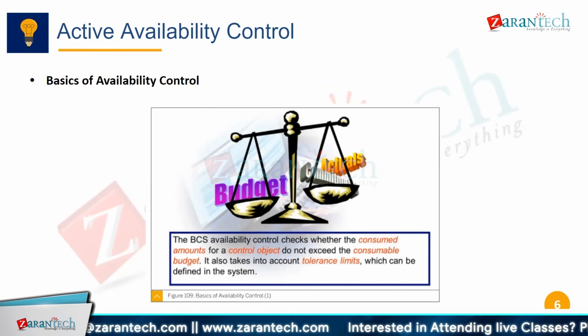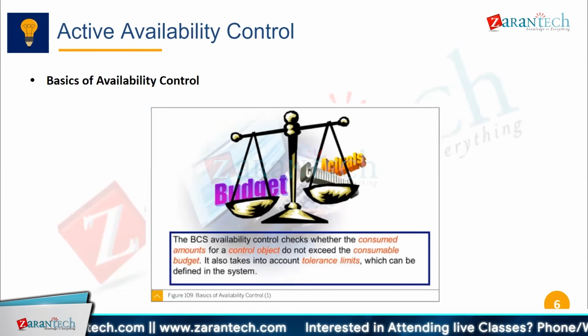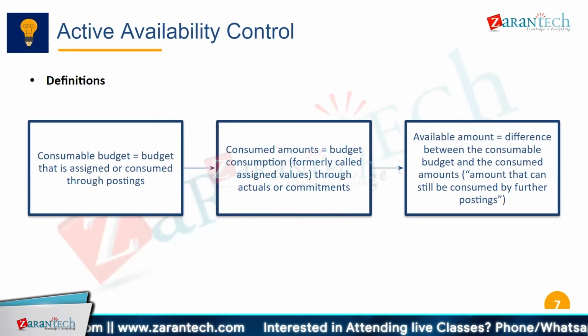Okay, tolerance limits apply to some items. Then the consumable budget is assigned and consumed through postings, with consumed amounts, budget consumption, and assigned values through actuals and commitments. Here postings means the budget postings, not the actual postings.